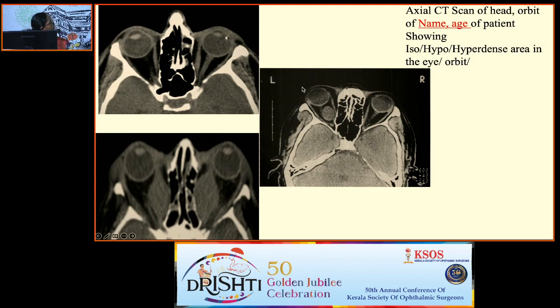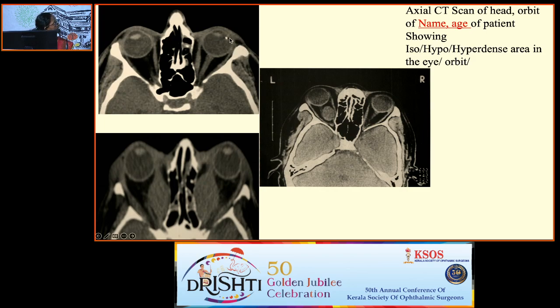So here you can see this is a CT picture showing an intraocular foreign body. So how will you say in your exam? Axial CT scan showing brain and orbit, with name and age of the patient, with an iso-, hypo- or hyperdense lesion in the eye or in the orbit, wherever it is.